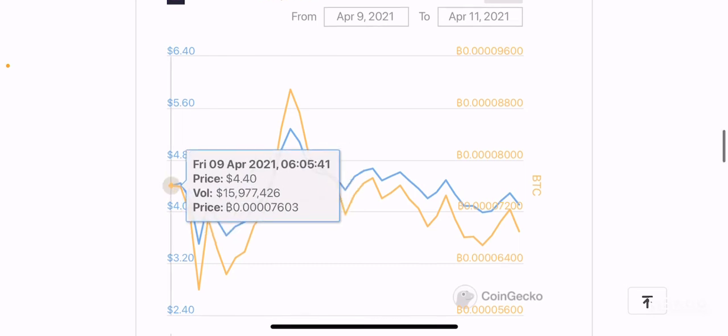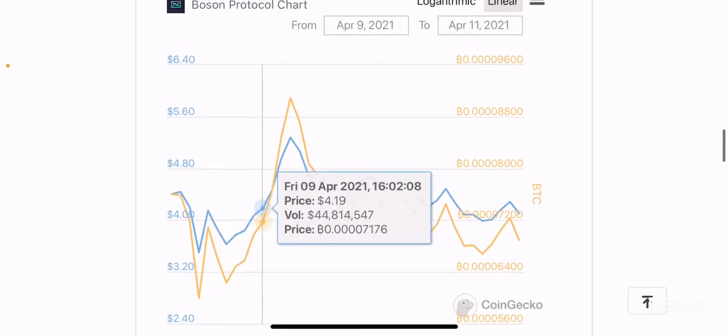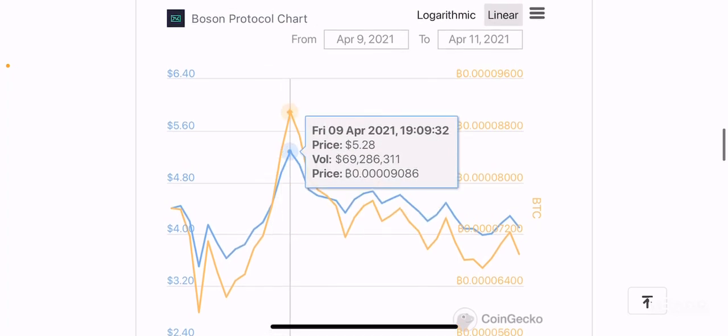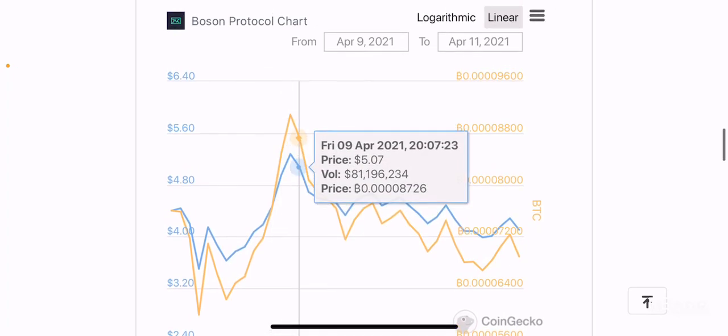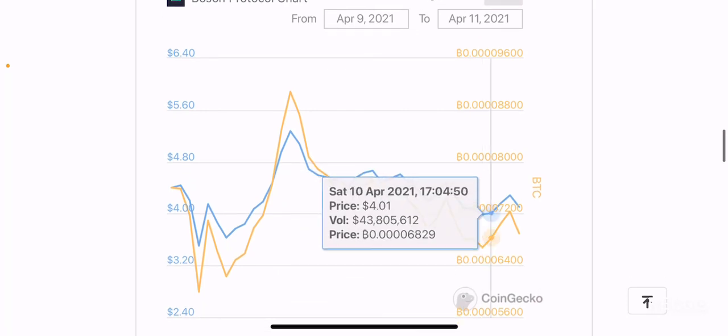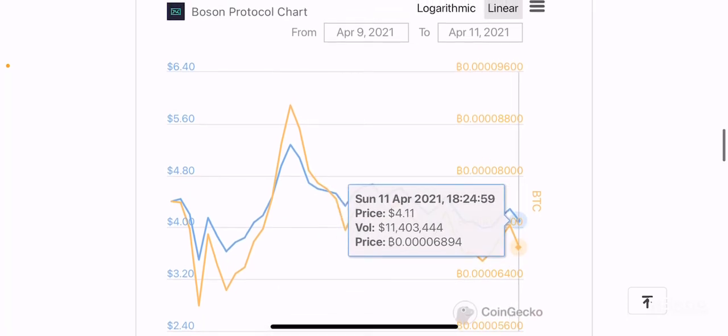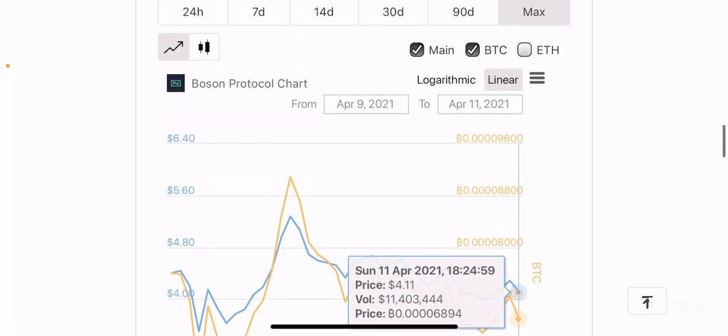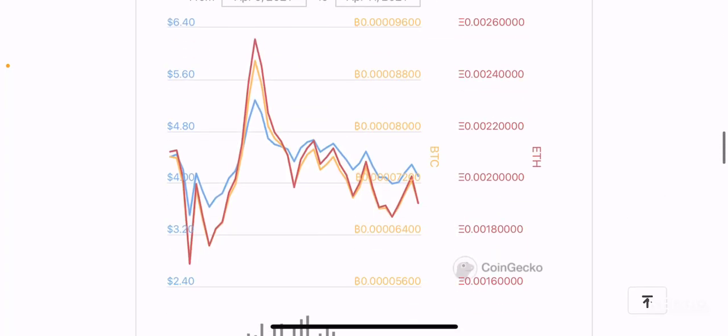Again, it was trading at around 7,600 satoshis on 9th of April, and then reached an all-time high of about 9,000 satoshis, although we can't really call it an all-time high because it's still very new. Now it's kind of stabilizing at 6,800 satoshis, right?